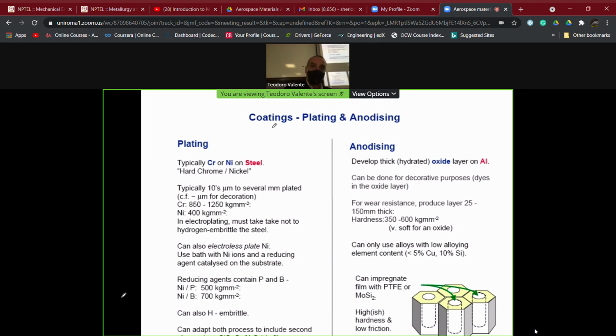Since, as it happens in the stainless steel case, if we put a very thin film of oxide on the surface of our aluminum alloys, that oxide is not an electrically conductive material, and thus the electrochemical-based corrosion processes can be suppressed.